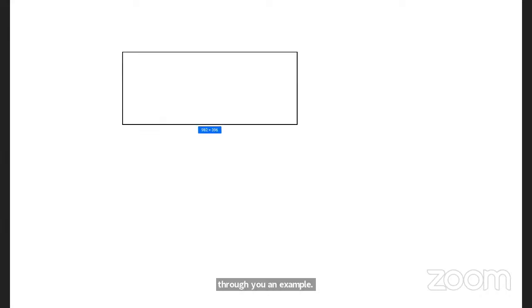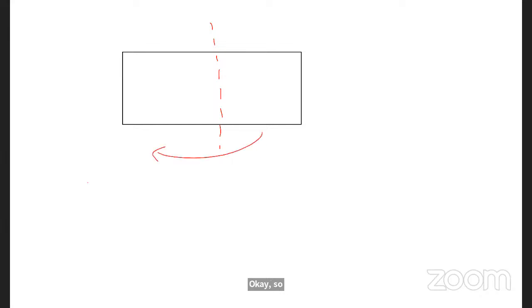Now let's show you an example. I have a figure here, and I can fold it in this way. If my line of symmetry passes here, this portion and this portion, I can fold it like this.